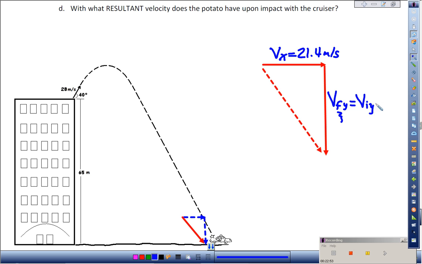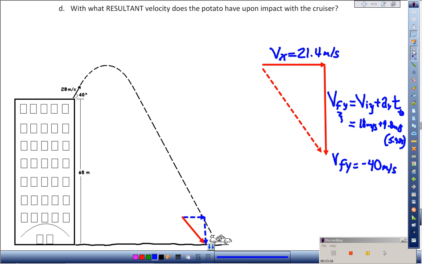The initial velocity in the vertical direction plus the acceleration in the vertical times the time total for this entire trip will give me that vertical component. In other words, 18 meters per second plus a 9.8 meters per second squared times 5.92 seconds in the air gives me a final vertical velocity of negative 40 meters per second.